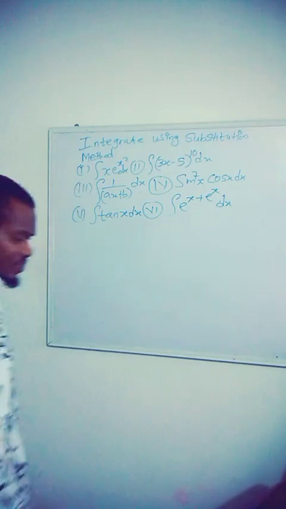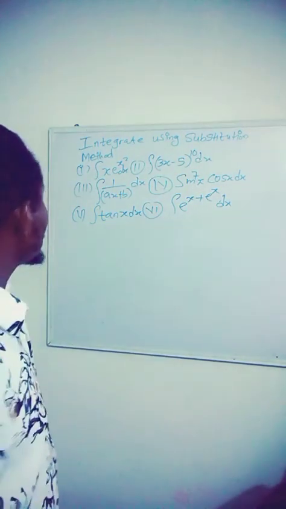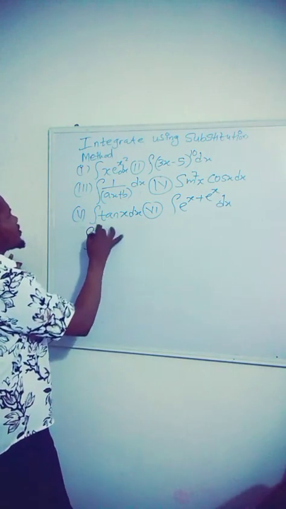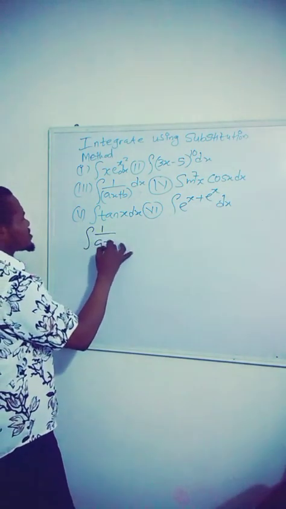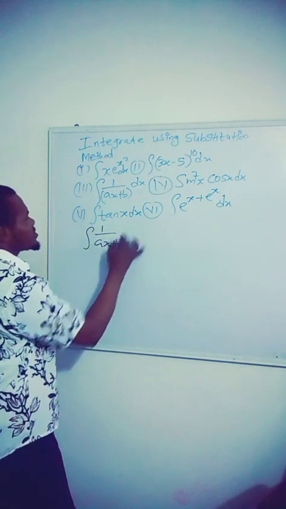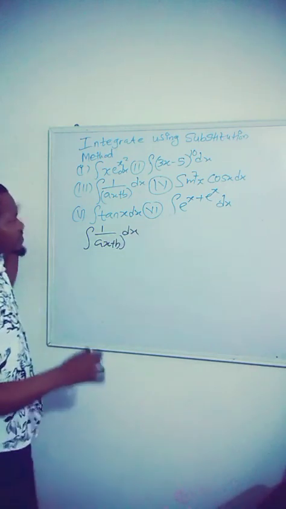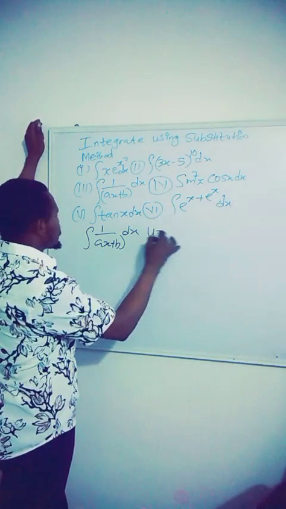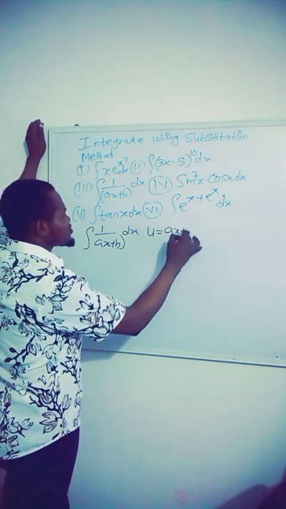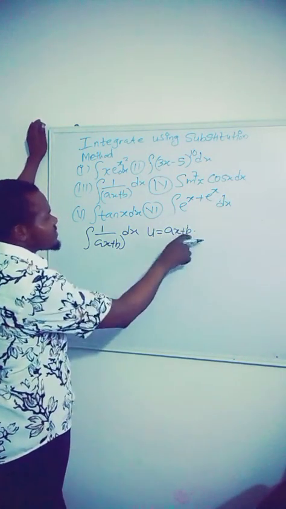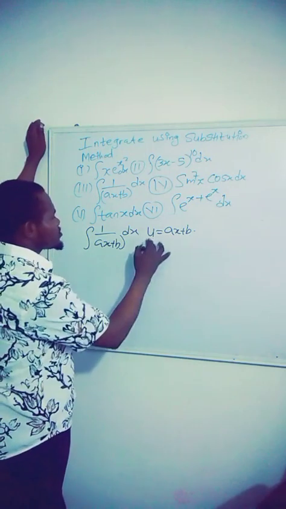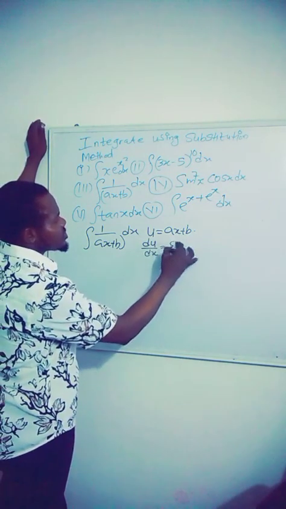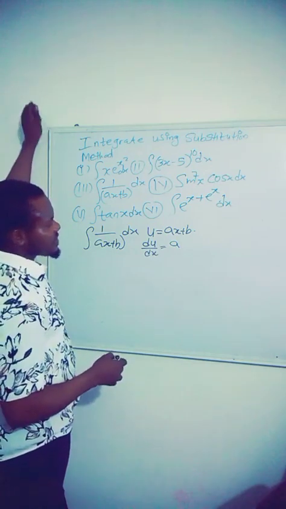So the next one is integral of 1 over (ax plus b) dx. As usual, we say let u equal ax plus b, where a and b are constants. So du/dx will be equal to a.